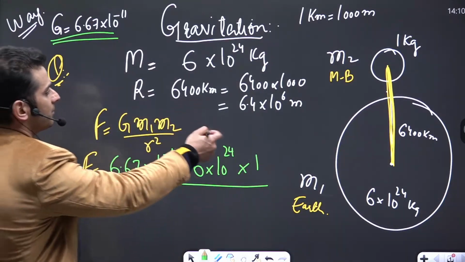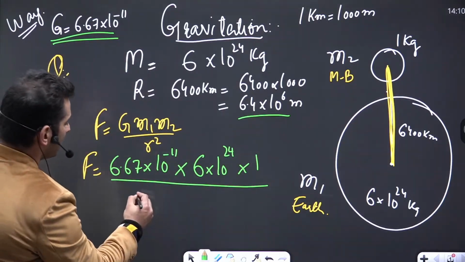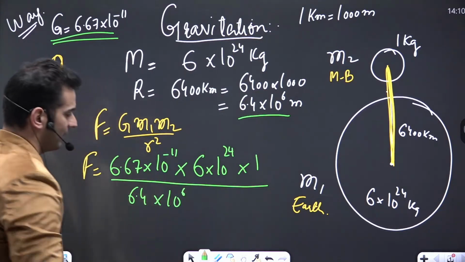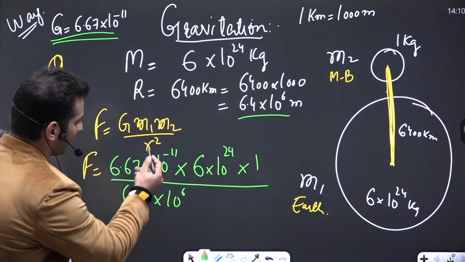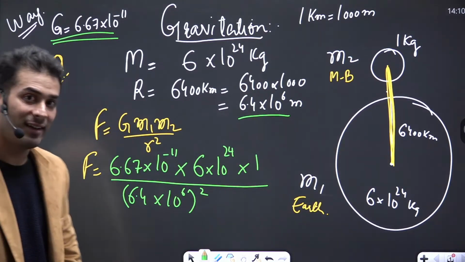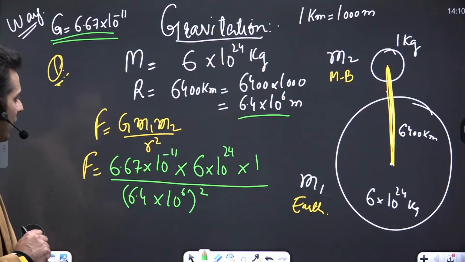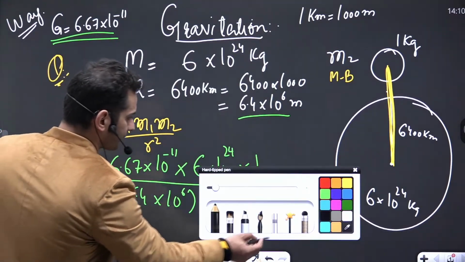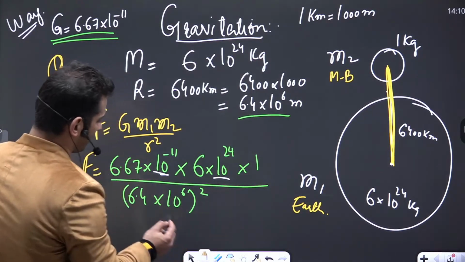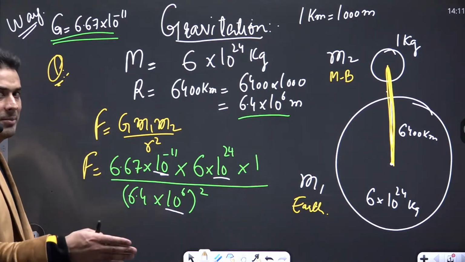Let's write it in meters, that is 6.4 into 10 raised to power 6. But you know one thing, beta, it's R square, so we have to square this. It is clear, right? So what are we going to do now? These terms, 10 raised to power something, 10 raised to power something, we'll keep them separate.